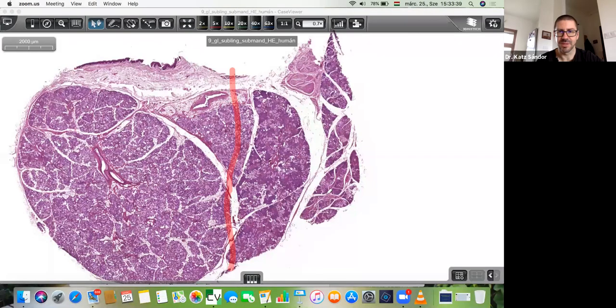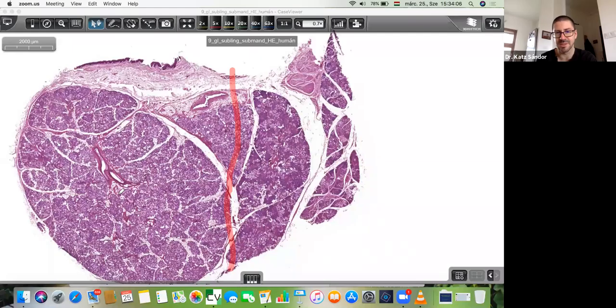This is the right side. The right side is the submandibular, and the left side shows the sublingual portion. The sublingual gland is also a mixed gland, but they differ because the sublingual gland represents mainly mucous predominance.